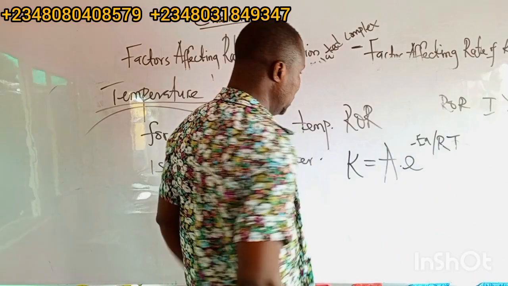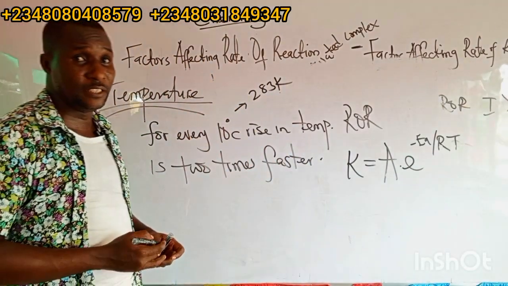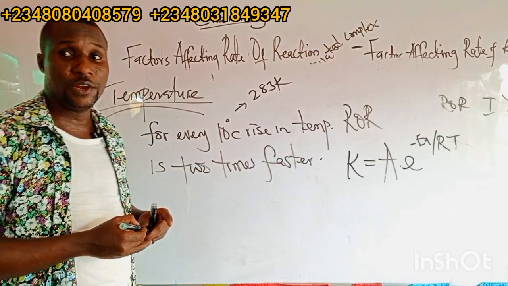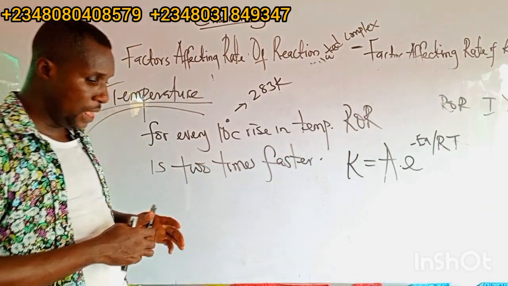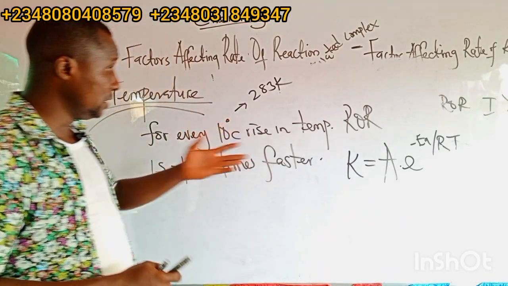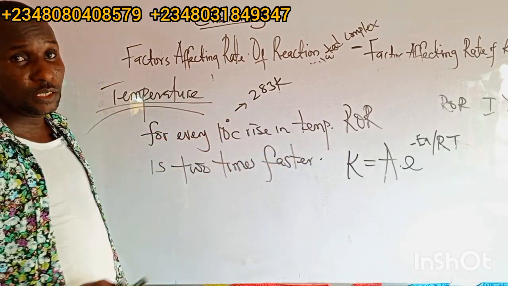We shall discuss this under temperature in the next video, on how temperature affects the rate of chemical reaction, and we shall discuss collision theory, where we are going to discuss this equation.